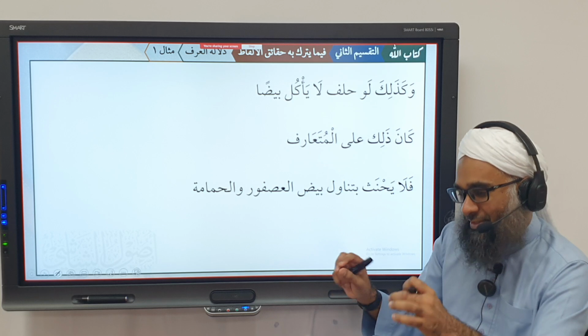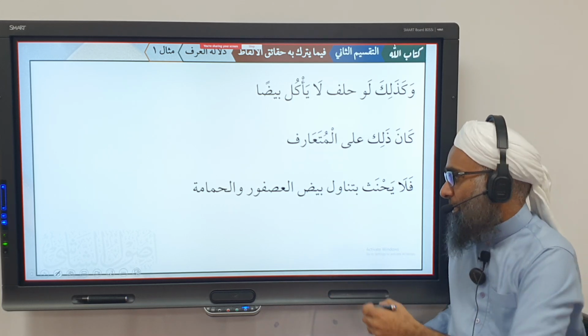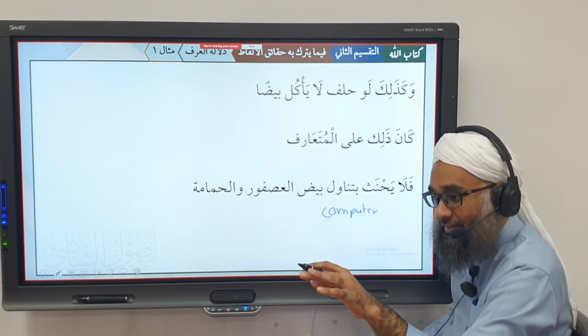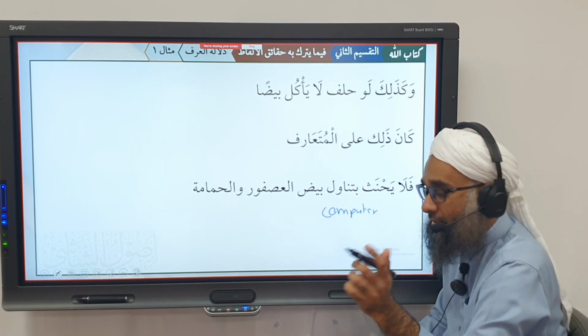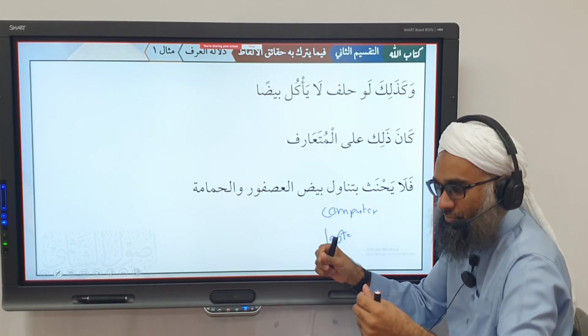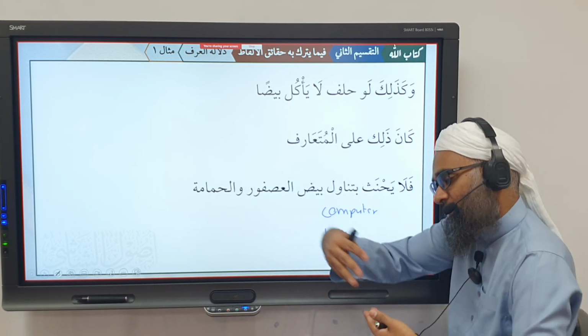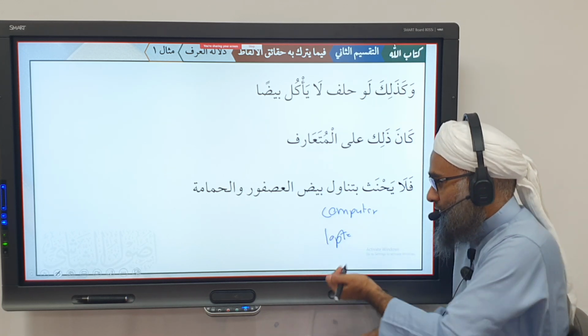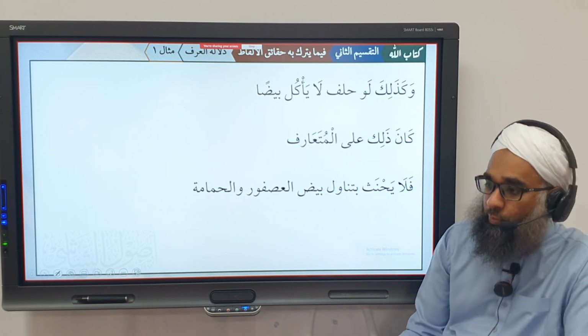If I'm buying a computer in our urf currently, it doesn't include the monitor. When you say a laptop, you can't unscrew the bottom part and get the keyboard and leave the screen separately, because laptop means both. So it's urf, and all of these must be given according to urf.